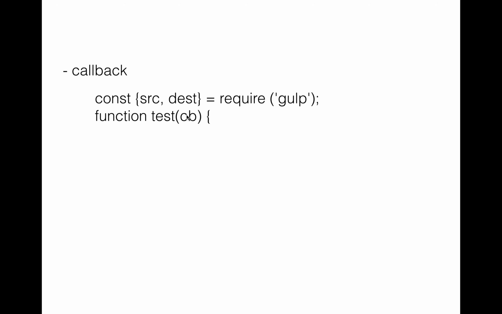Within our task or function, we specify the source with index.html to be the source file, and make use of pipe and specify the destination as the target folder, and then call callback.